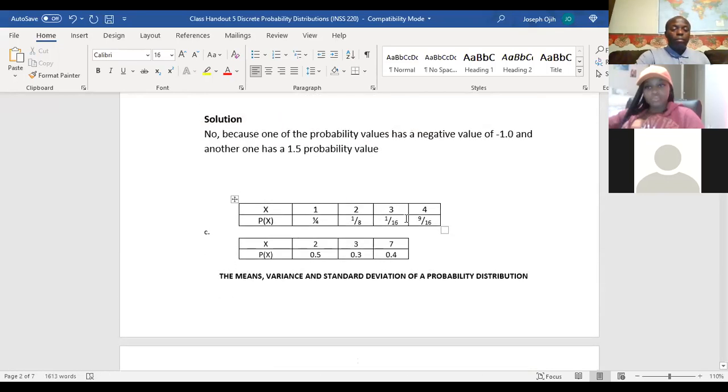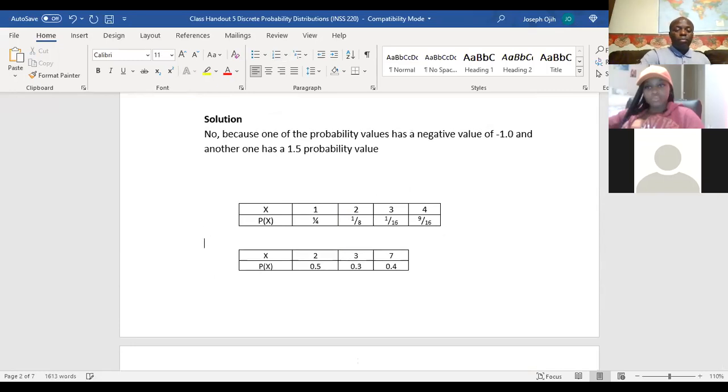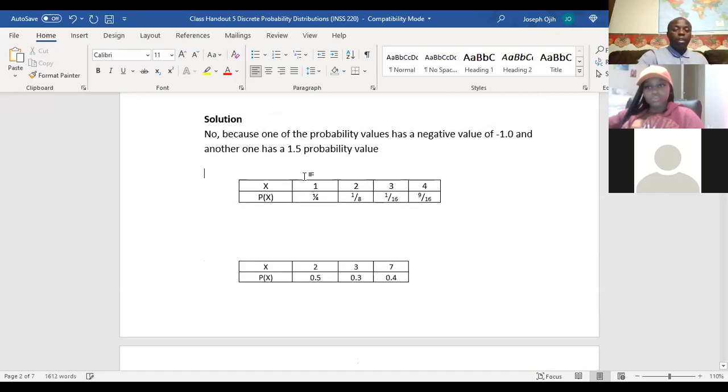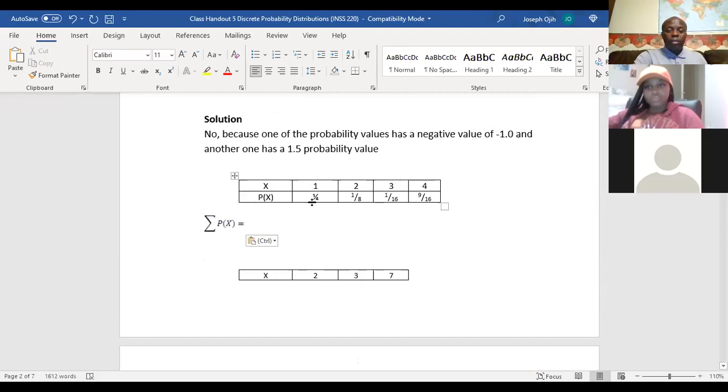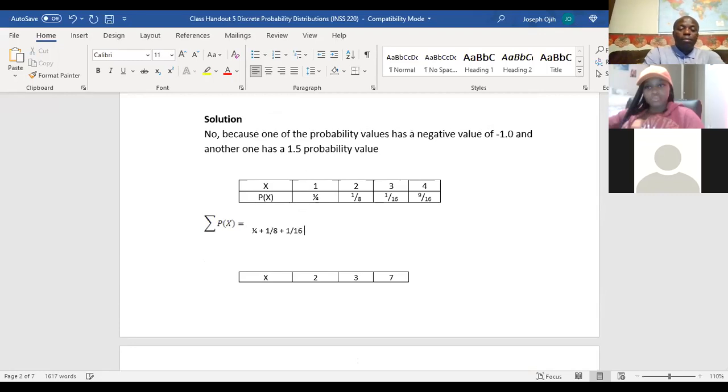Now, how about this one? Is it a probability distribution? Let's see if it is. I don't know. The only way you can know is to add all this. That means we're going to have 1/4 plus 1/8 plus 1/16 plus 9/16.